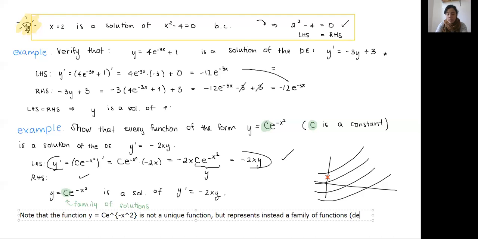And this all depends on the value of the constant. Right, so we have a family of functions.